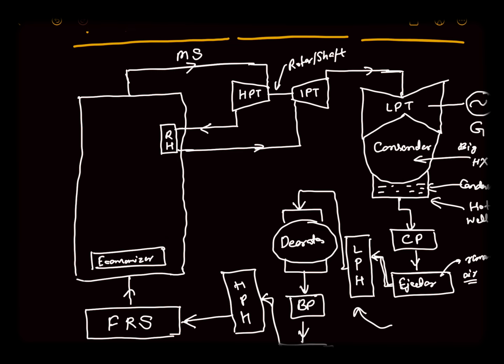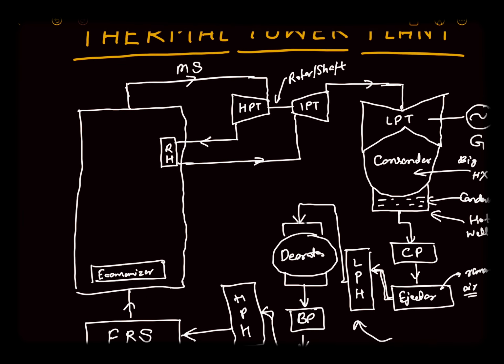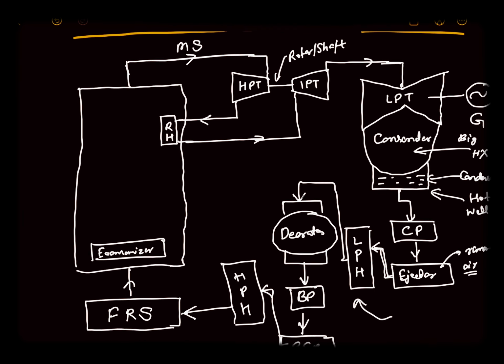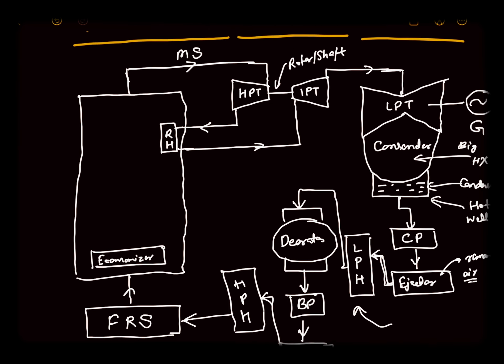The hot gases from the boiler are used to heat the water. Then it goes to the water wall of the boiler. In the next session, we'll try to understand the functioning of the boiler. So we'll elaborately understand each component like economizer, water wall, how it works.